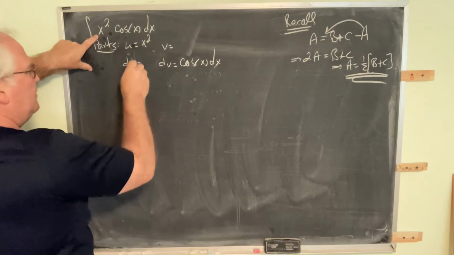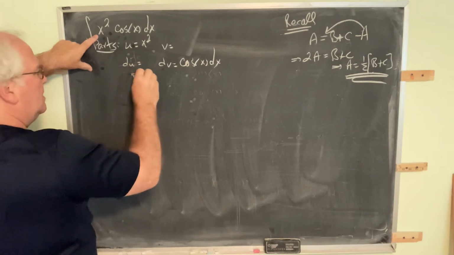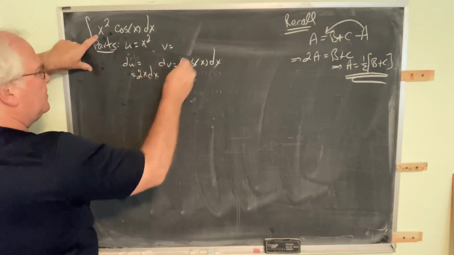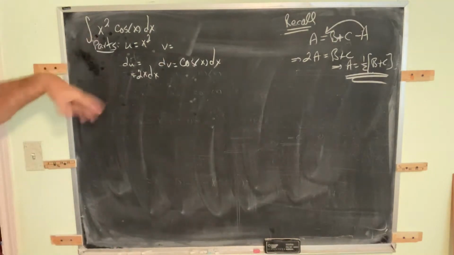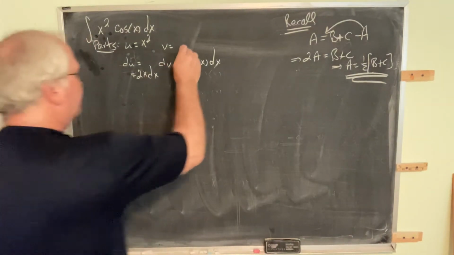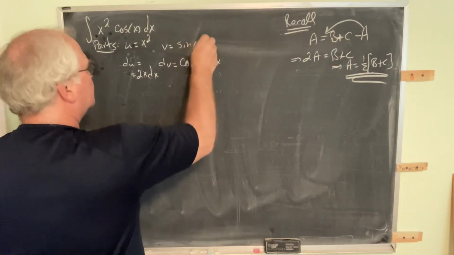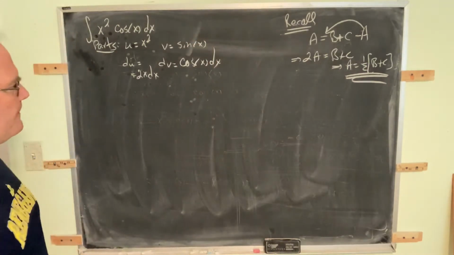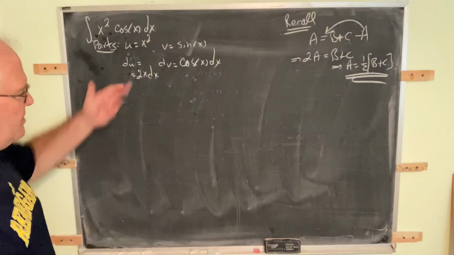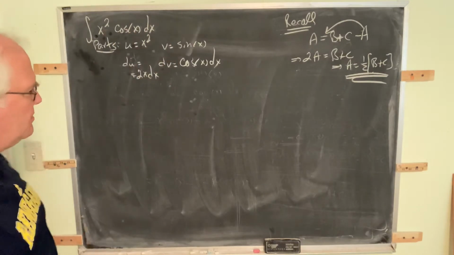The derivative of u is 2x dx. The antiderivative of cosine is sine. And just to be sure, we can check: the derivative of sine is cosine, so we know we're correct.